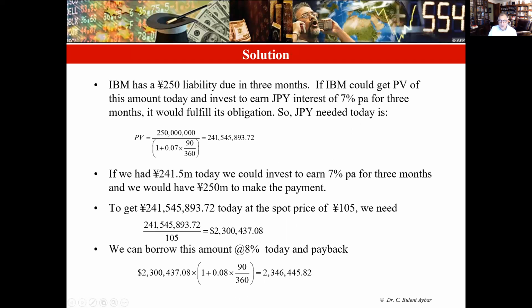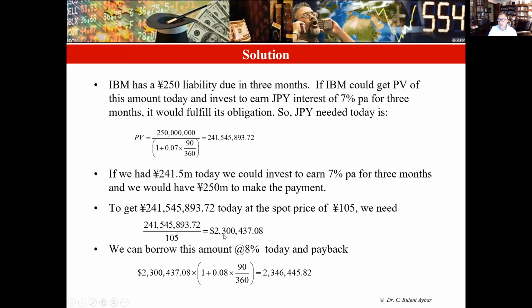So this is the essence of the money market hedge when we have a foreign currency liability. Essentially, if we have a foreign currency liability, we acquire the present value of that liability calculated at the foreign interest rate, and then we convert the foreign currency amount into local currency that is going to allow us to purchase the required amount.